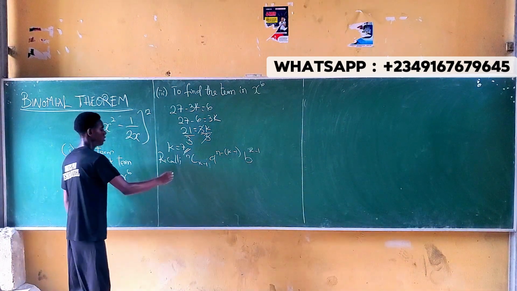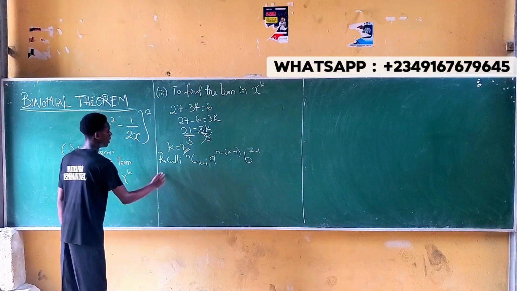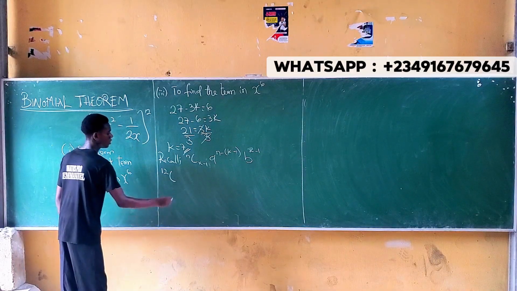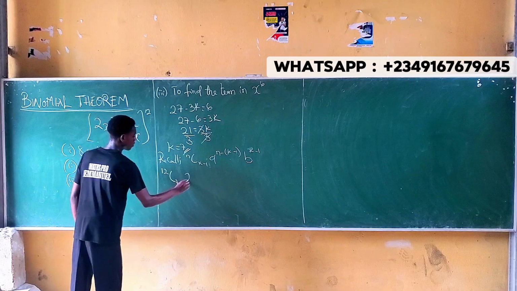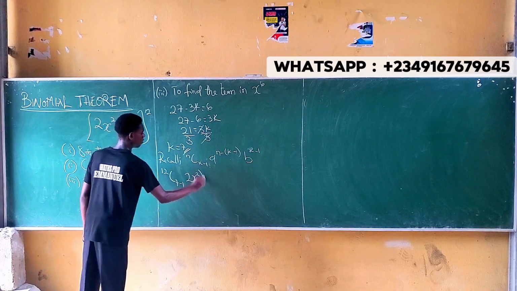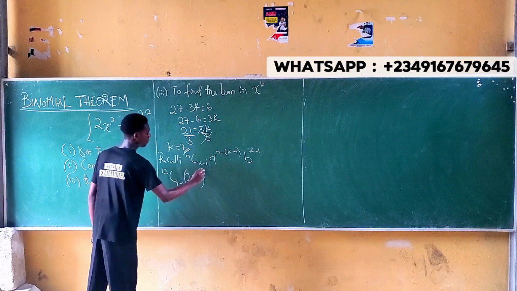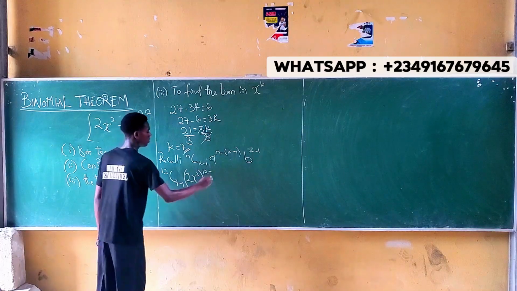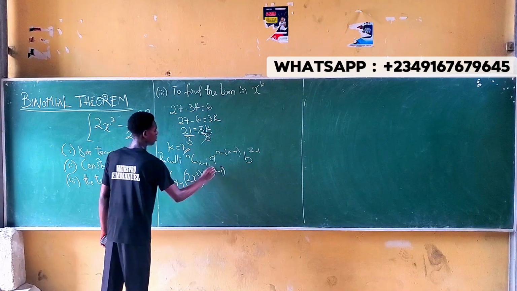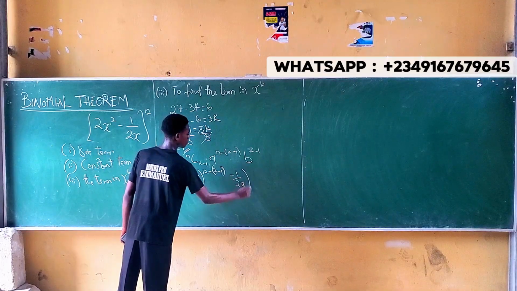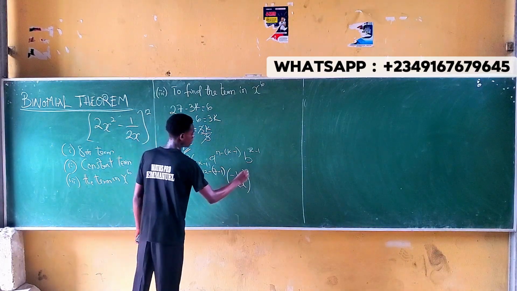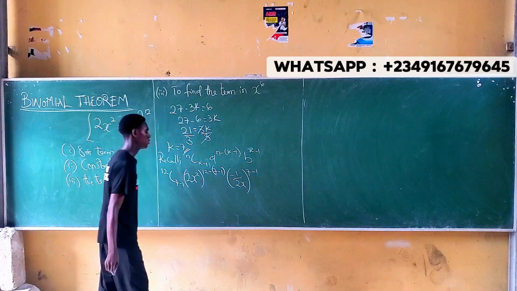Now we know that n is 12, so I'll have 12 combination 7 minus 1. A is 2x squared, all raised to the power of 12 minus 7 minus 1. B is minus 1 over 2x, raised to the power of 7 minus 1.